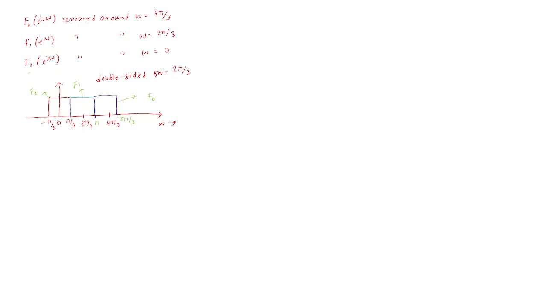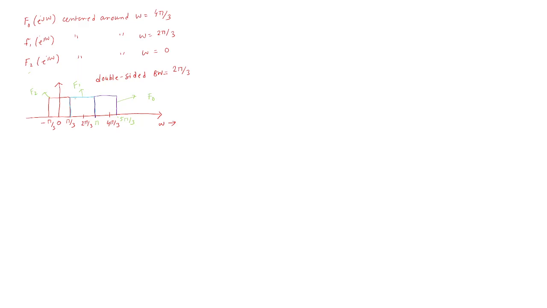Now you see, according to the question, they are ideal brick wall filters. So although their edges are at the same omega, they are not overlapping. They are placed side by side, of course without any gap, which is not very practical, but in the ideal sense this is a brick wall filter, such that F2 abruptly ends at pi by 3 and F1 just starts slightly right of pi by 3.